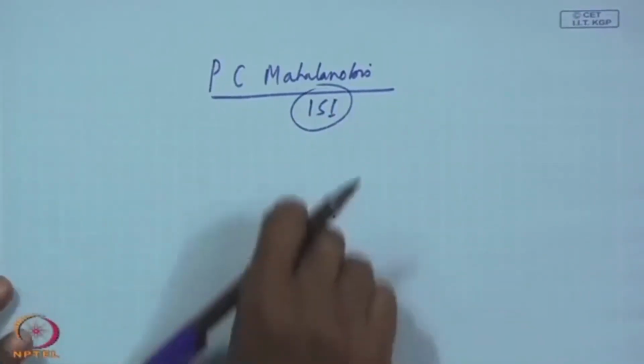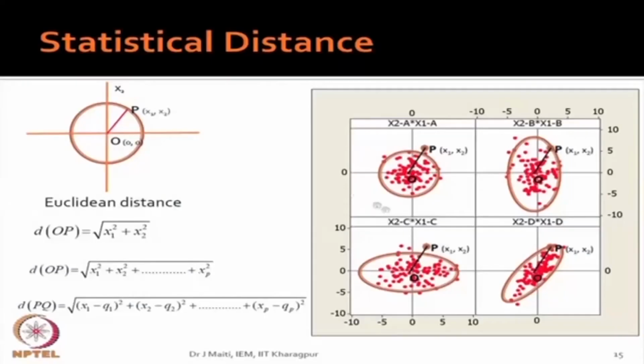Now, look at the slide. On the right hand side there are 4 figures.